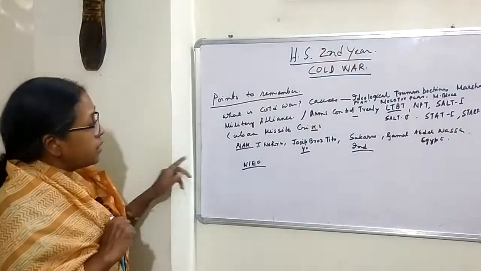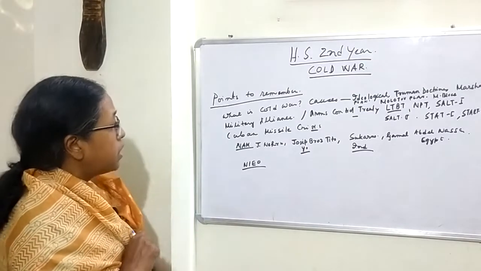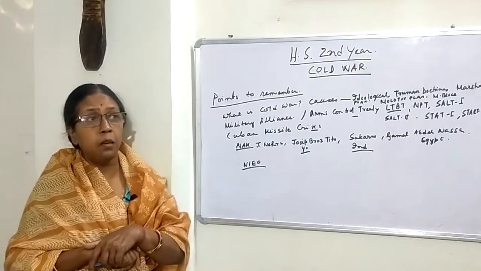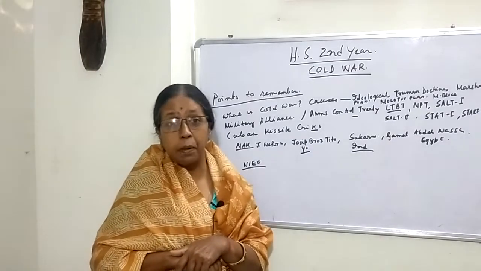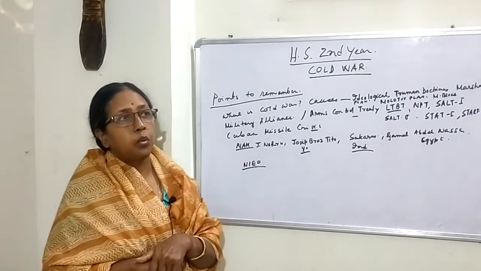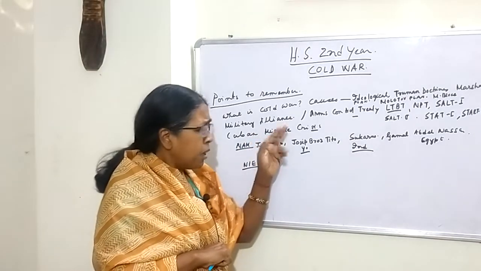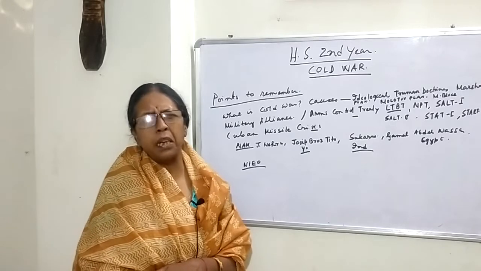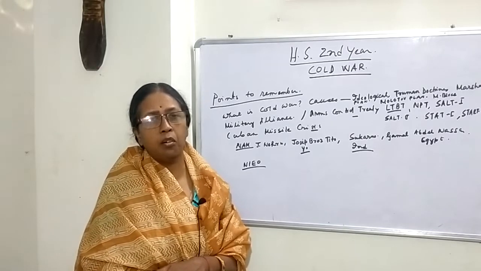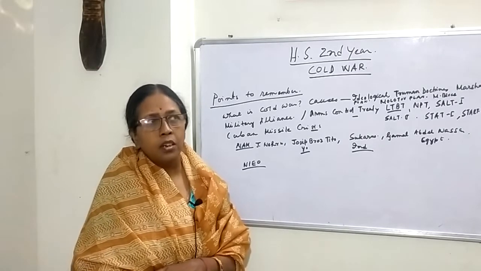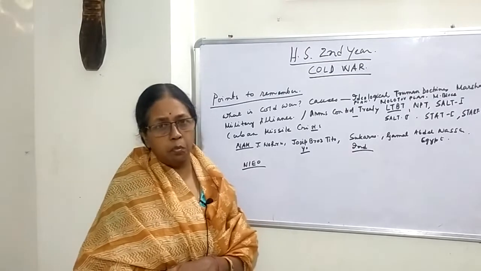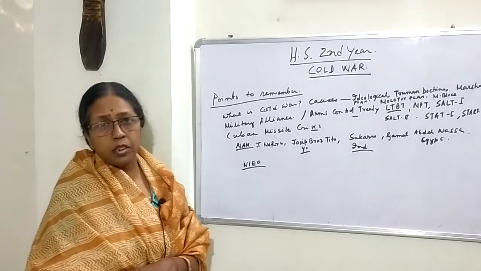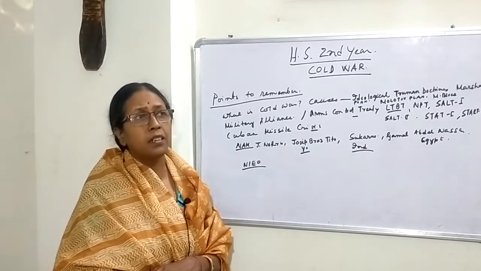Okay. Then another important thing in this chapter is the Cuban Missile Crisis. The Cuban Missile Crisis is an important aspect of the Cold War. America actually supported many governments which were not running their administration properly, and not for the betterment of their own citizens.